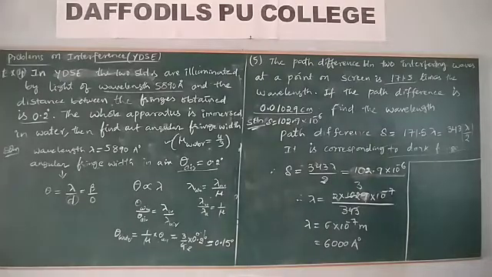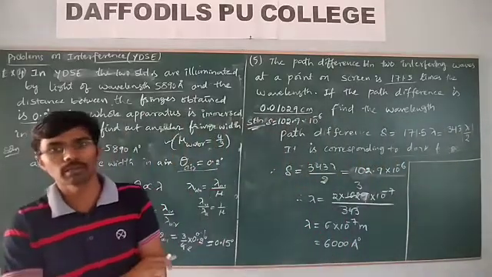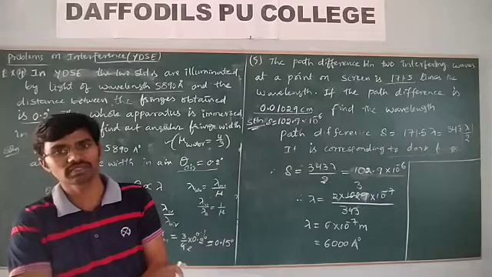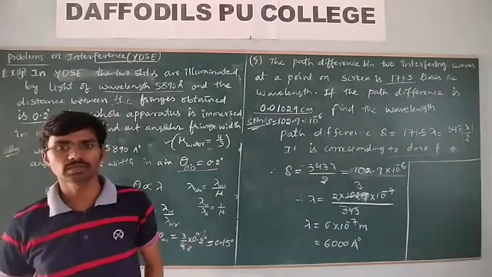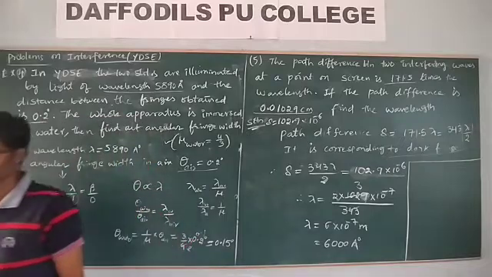Is it odd multiples of lambda by 2? The path difference is 343 times lambda by 2, and the dark fringe condition is 2n minus 1 into lambda by 2. Calculate n, the dark fringe, from this example. And let me go to the next example.